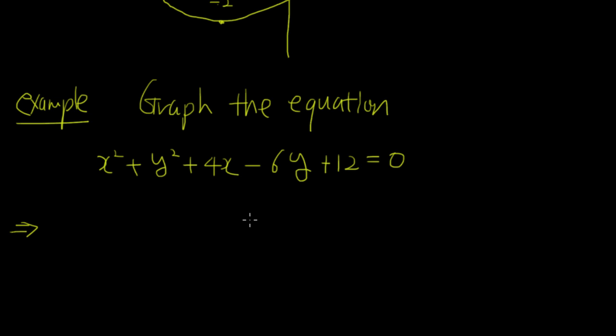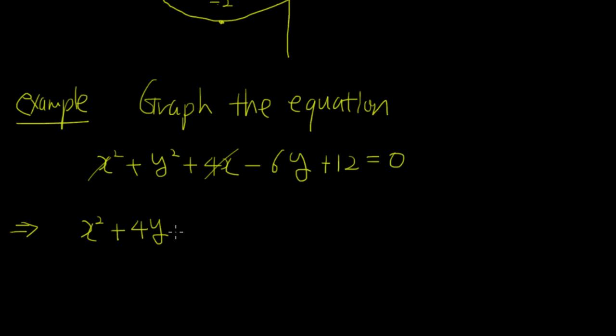If you remember the completing the square technique in solving quadratic equations, then this would be very similar to that. So what we are going to do first is write x squared plus 4x.